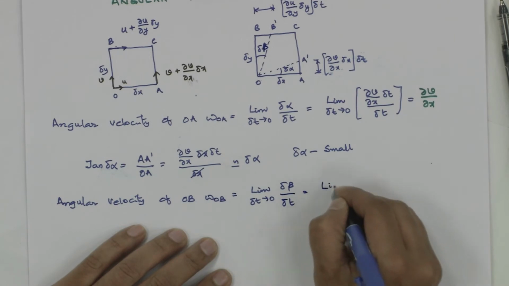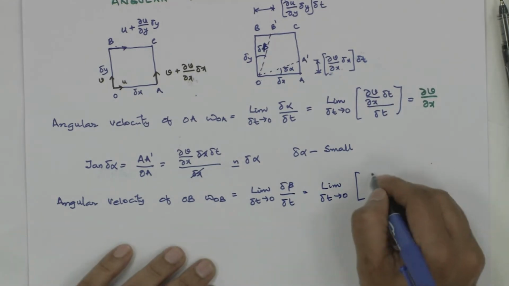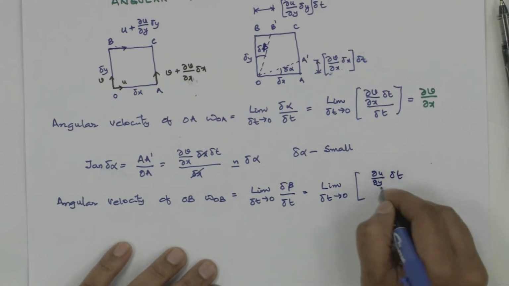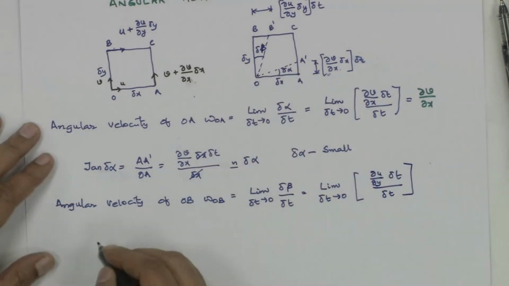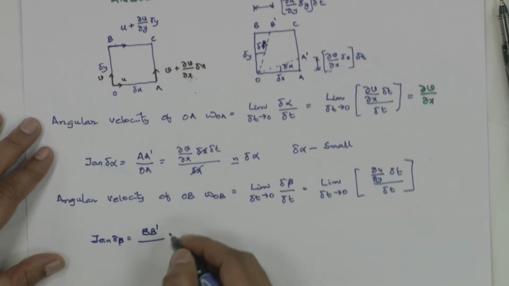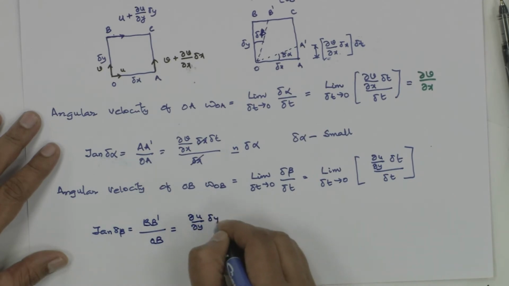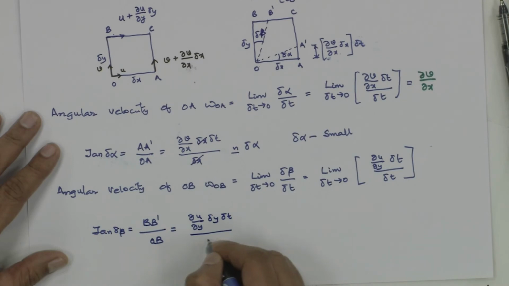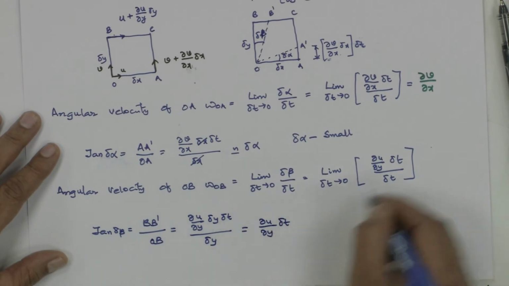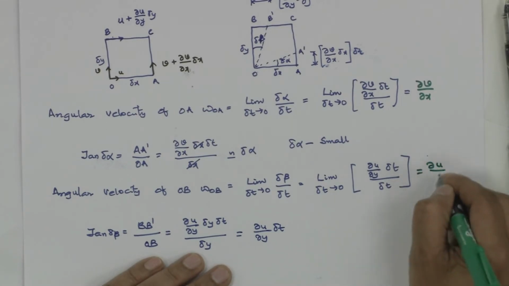So that is, limit as Δt tends to 0, you have ∂u/∂y into Δt upon Δt. How did I get this? Again, tan Δβ is equal to BB prime upon OB. BB prime is ∂u/∂y Δt upon Δy. So you get ∂u/∂y Δt. That's what we have substituted, and we get here this as ∂u/∂y.